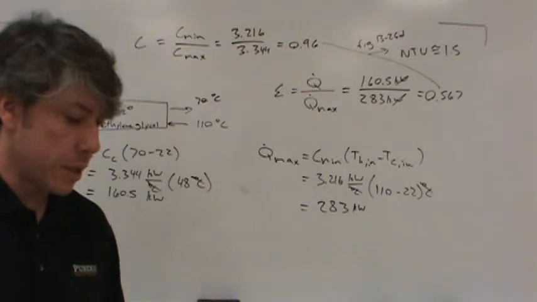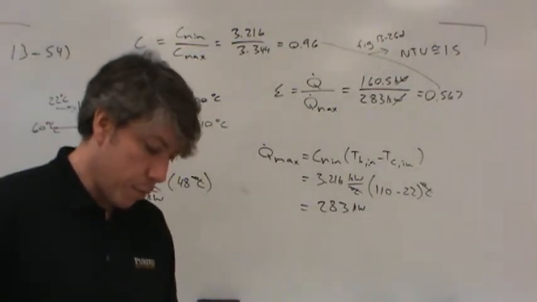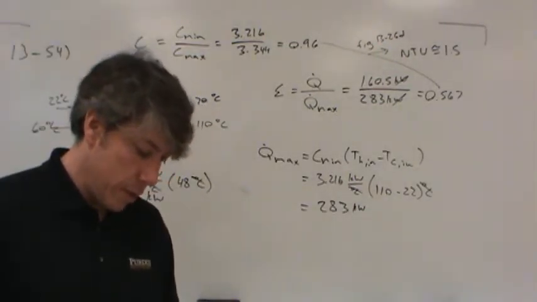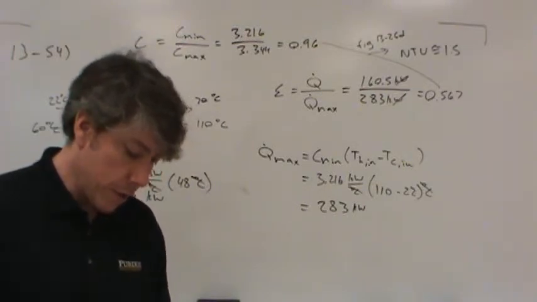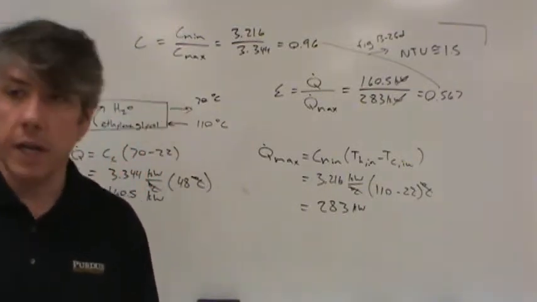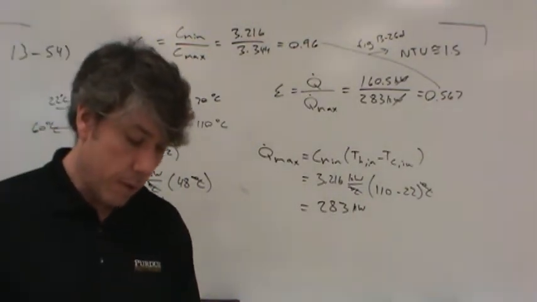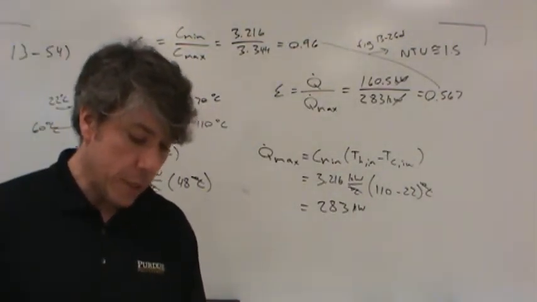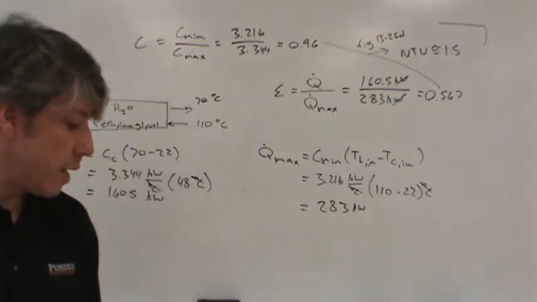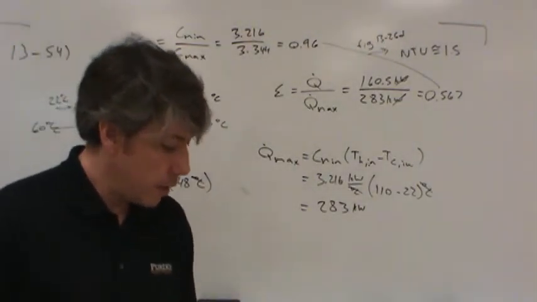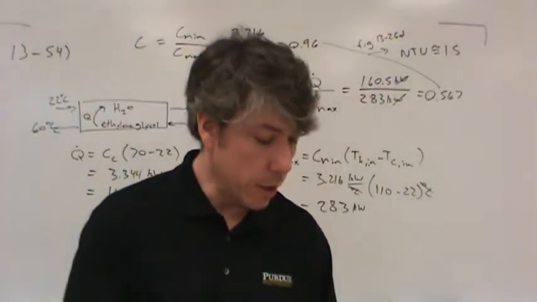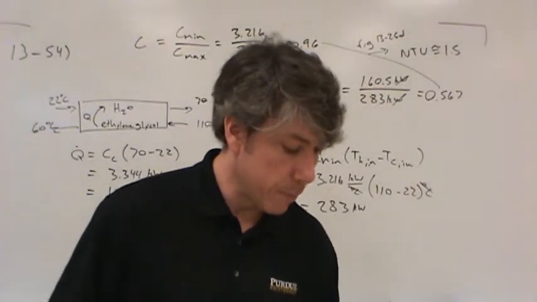Now, how does that help us? Well, going back to the problem statement, it says determine the rate of heat transfer and the heat transfer surface area. We've already got the rate of heat transfer, but the heat transfer surface area is something we need. Now, one last time, let's go to the equations, the ones that didn't help us, page 732, and look at the top of the table.